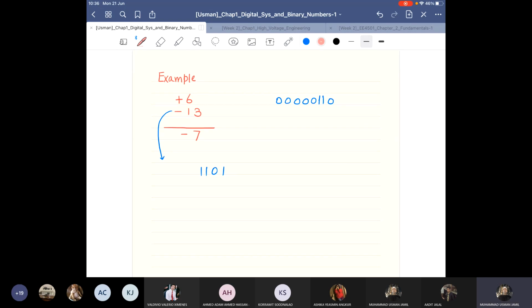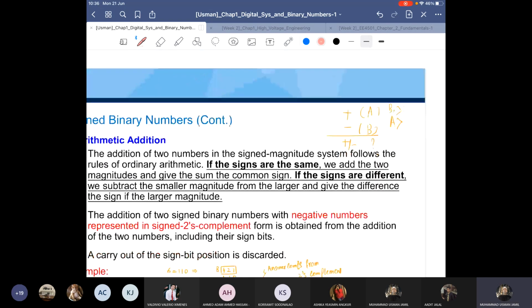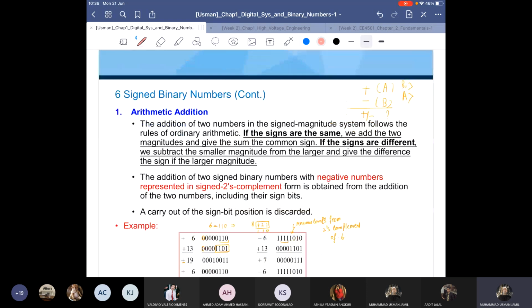If you follow your book, if you read this statement, it says that you have to find the two's complement. The addition of two signed binary numbers, with negative numbers represented in signed two's complement form, is obtained from the addition of the two numbers including the sign bit. So it means for the number that is negative, we have to first find the two's complement.